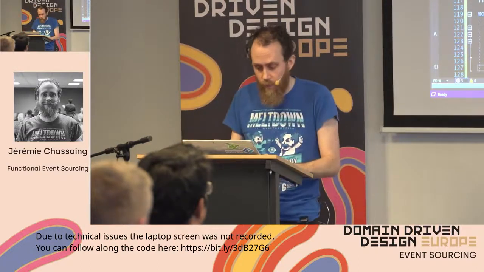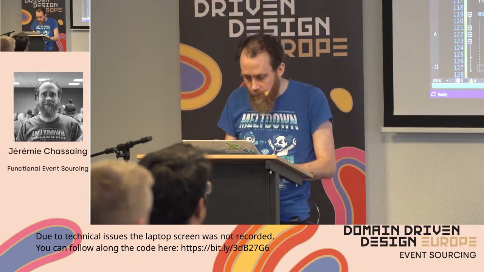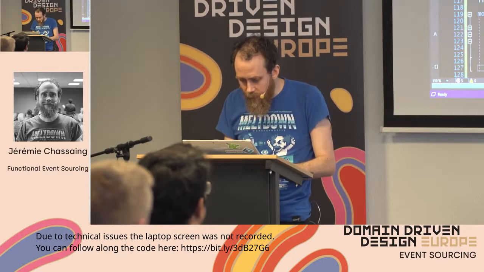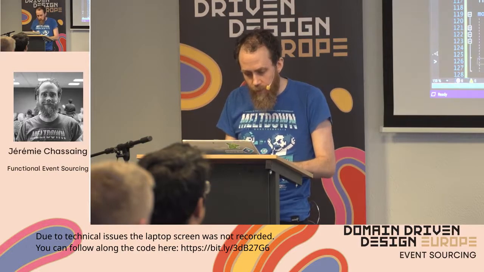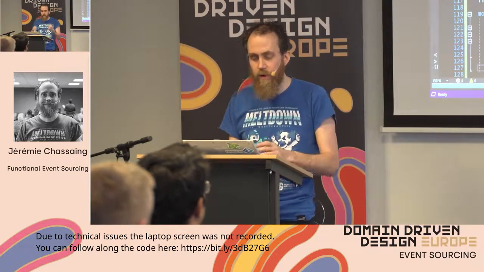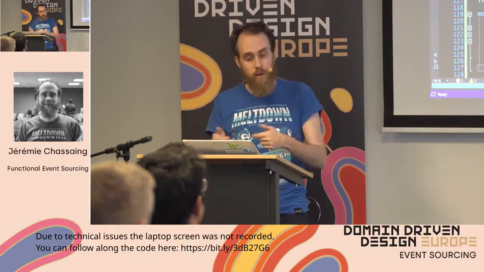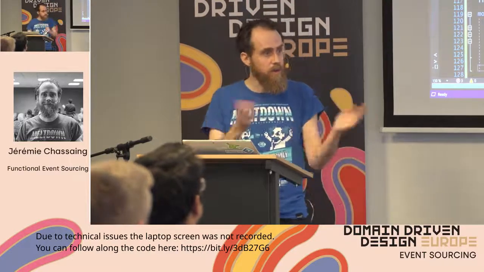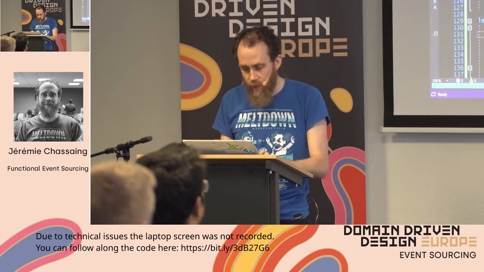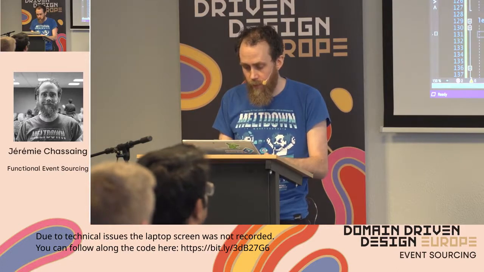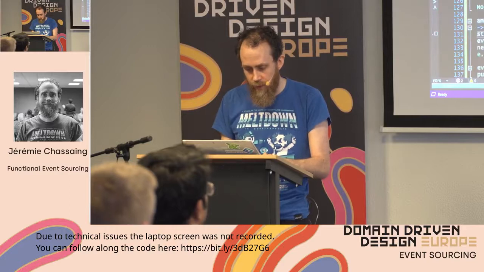Deserialize returns a state option, so I will return none in that case. In F# you have options, and options tell you if you have a value or not. So here I say, okay, I could not load the state, so take care of it. Load, and Option.defaultValue, use the initial state like that.